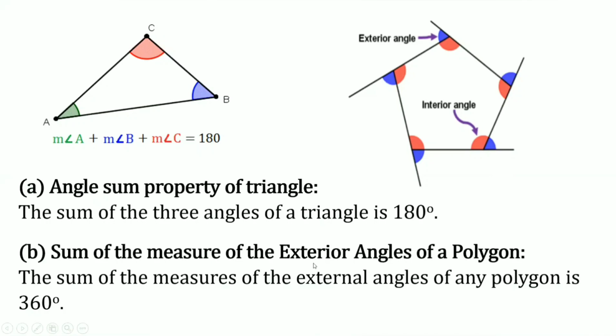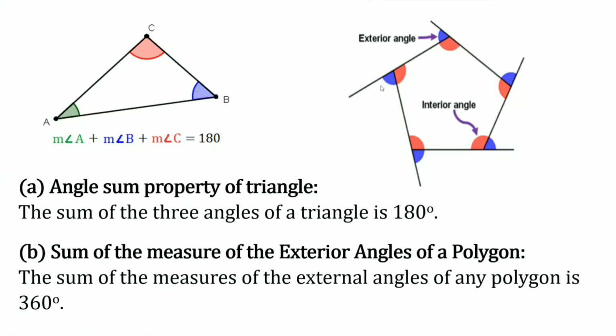Here we are talking about exterior angles, meaning the angles which are lying in the exterior part of a polygon. So here these red angles are the interior angles and the blue ones are indicating the exterior angles. For any polygon, the sum of the measures of the external angles is 360 degrees. So if you sum up angle 1 plus angle 2 plus angle 3 plus angle 4 plus angle 5 for this pentagon, it will be 360 degrees.